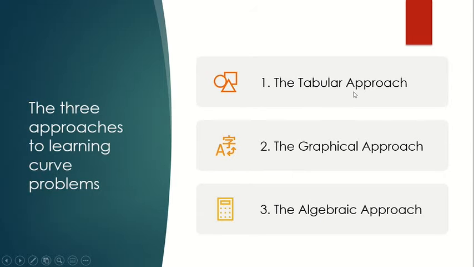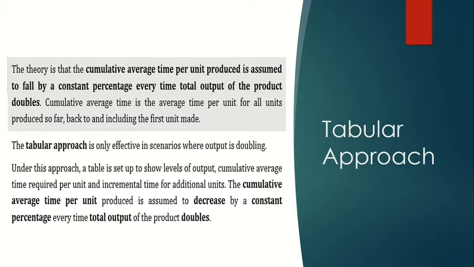Here in the tabular approach we are using two assumptions. First one is that the output of the product doubles.